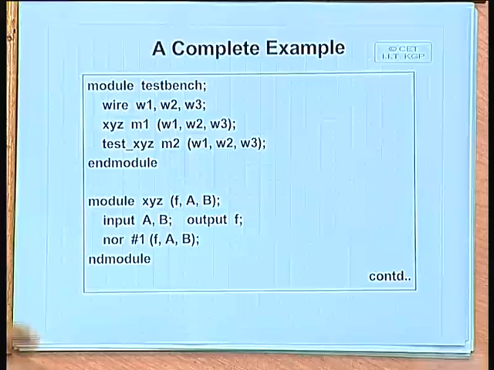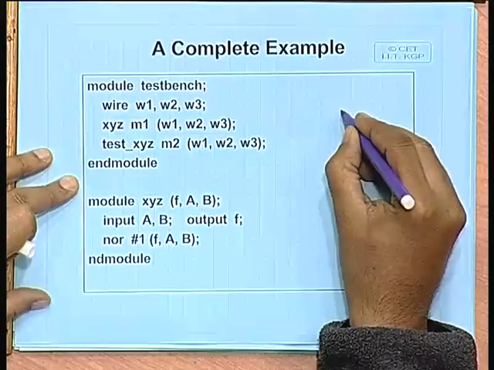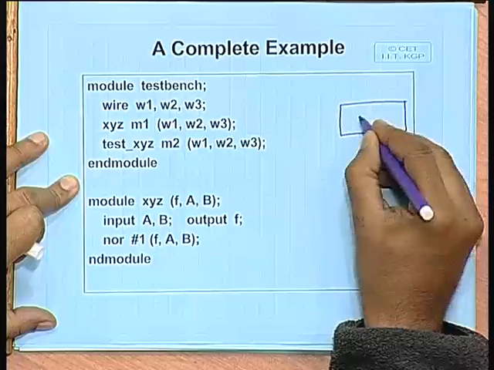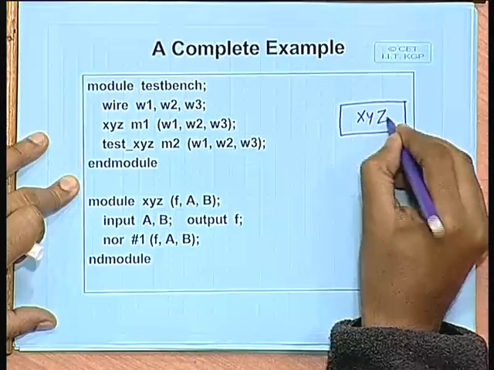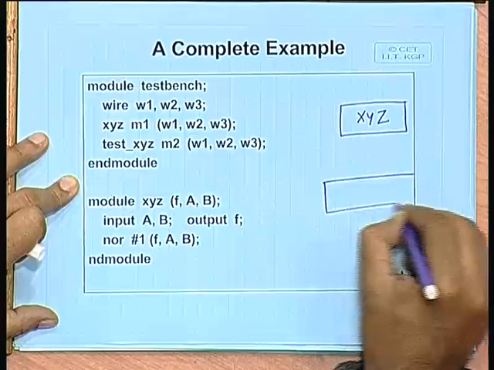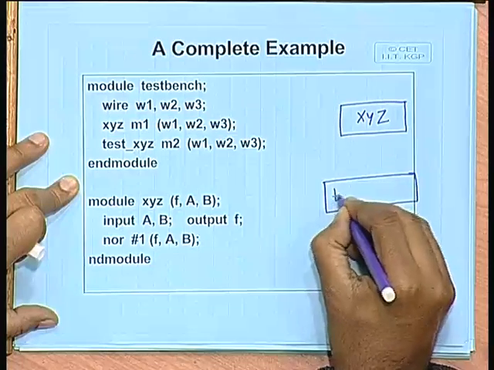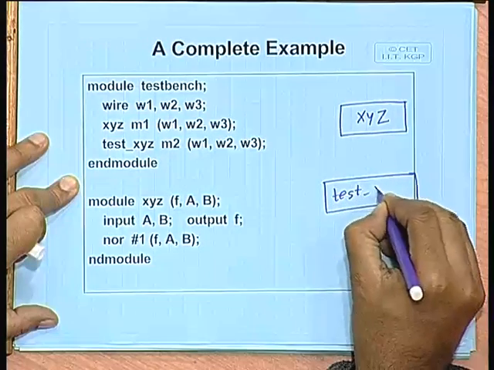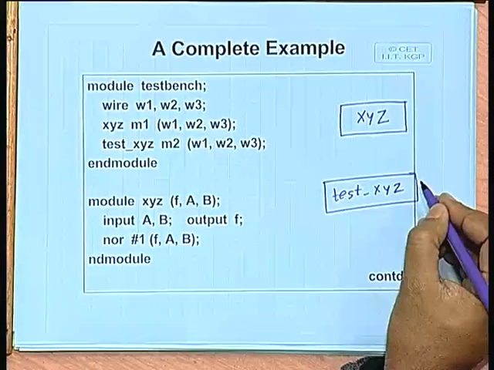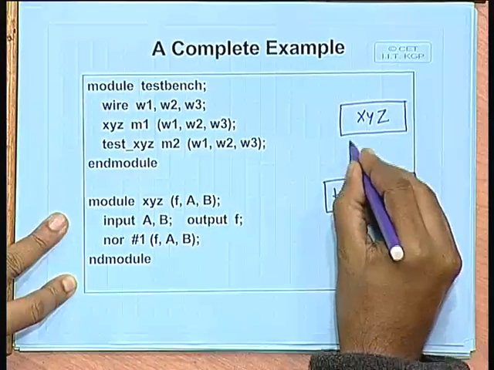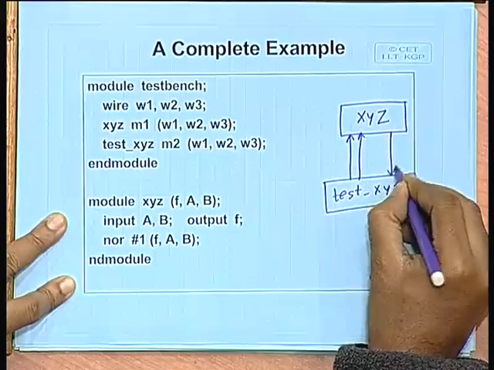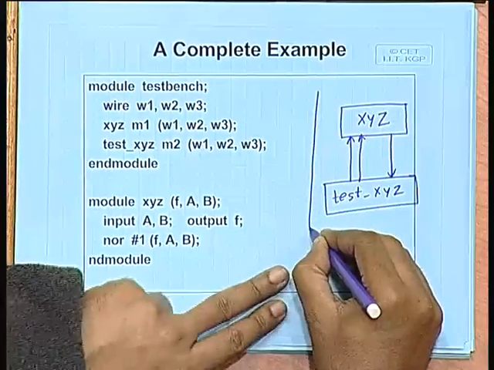Here I am showing the total thing. There is a module under test, which we are calling XYZ. There is the corresponding test bench, which we are calling test XYZ, and we are integrating both of them like this as part of a top level module.